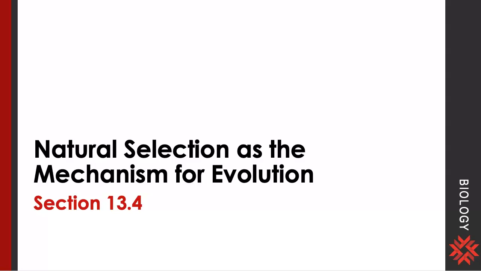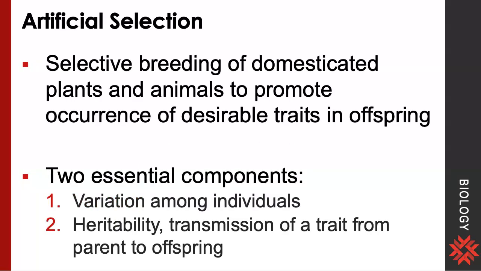Let's take a look at a couple of other influences. Artificial selection was commonly used in agriculture, and it is the selective breeding of plants and animals to promote particular traits.